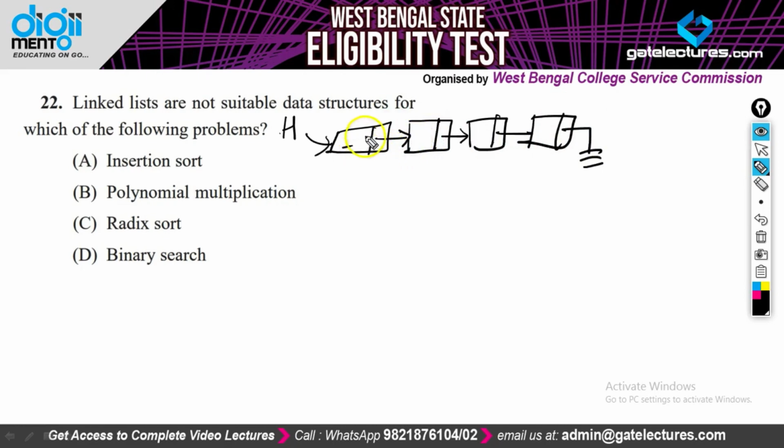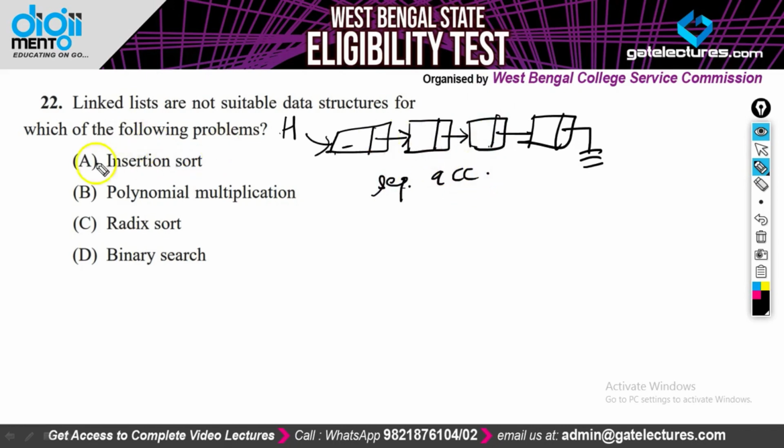The linked list has only sequential access. Sequential access means if I want to access this particular node, I have to begin from the first node, then here, and then here. I cannot directly access it. So it is sequential access.